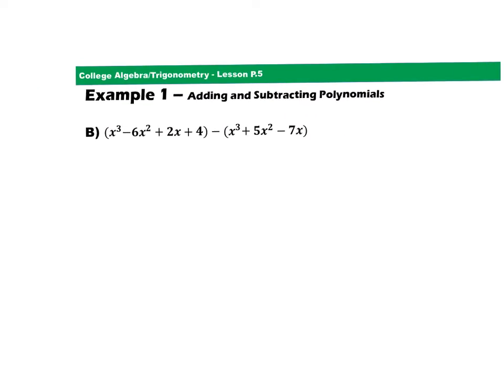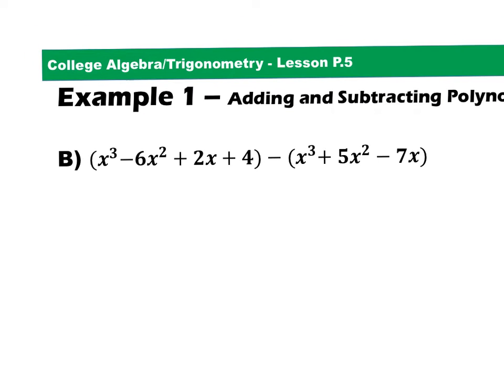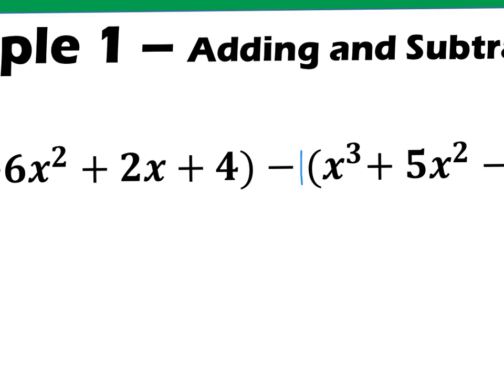All right, now if I move along here, how is this problem different? There's a subtraction. Why do we have to be a little more careful when we have something like this? We have to distribute. Good. Right here is a 1. That means I have to distribute negative 1 to everything in the second parenthesis.